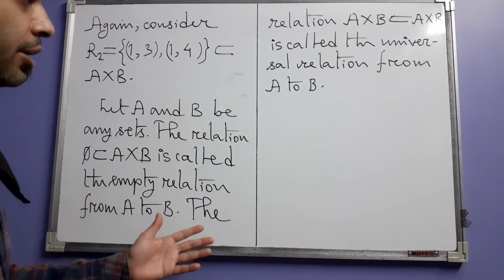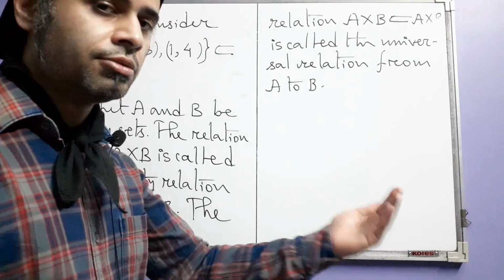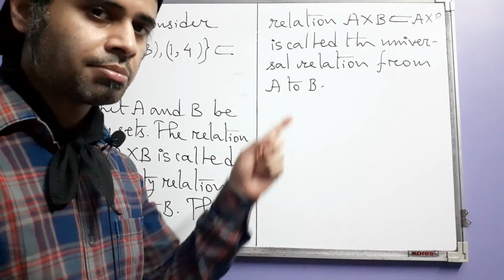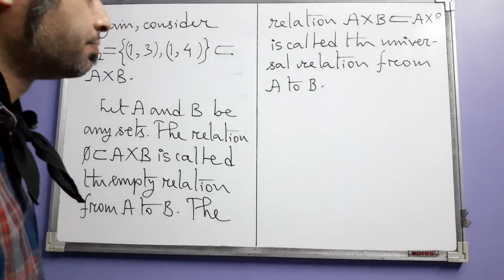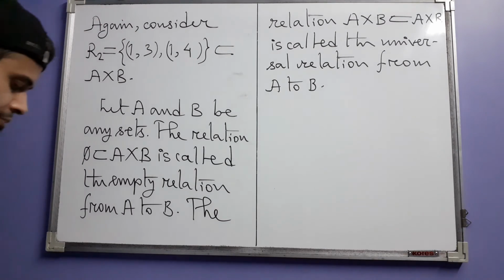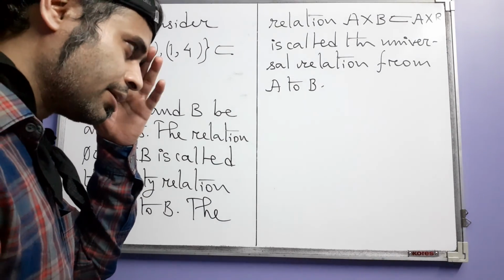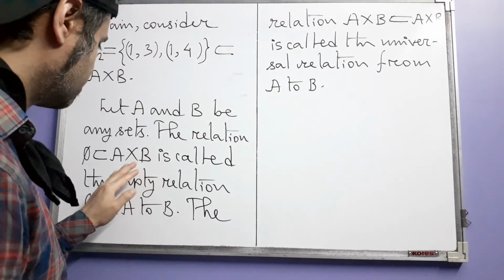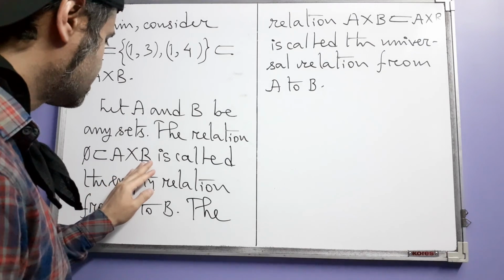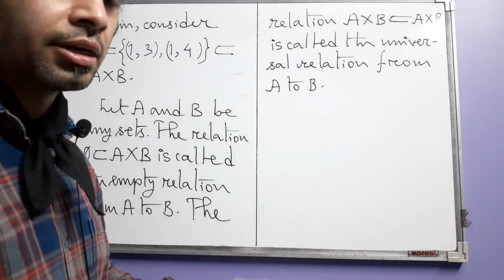So, mostly we are interested in those relations that lie between these two extremes. For example, that example. Now, there is a language. I am not entirely sure if we should consider this general situation in defining empty and universal relation.